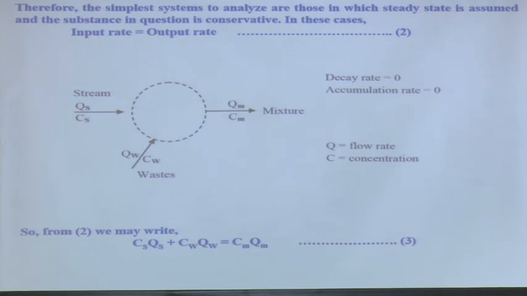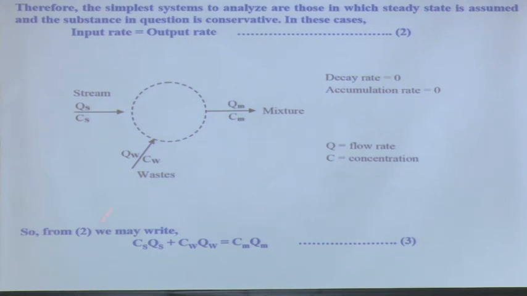Now, I have said that there is no decay and no accumulation. I simply write that the flow rate of the stream is Qs and the concentration of a particular element in the stream is Cs. The river is already carrying some concentration of silicate particles with a flow rate of Qs.